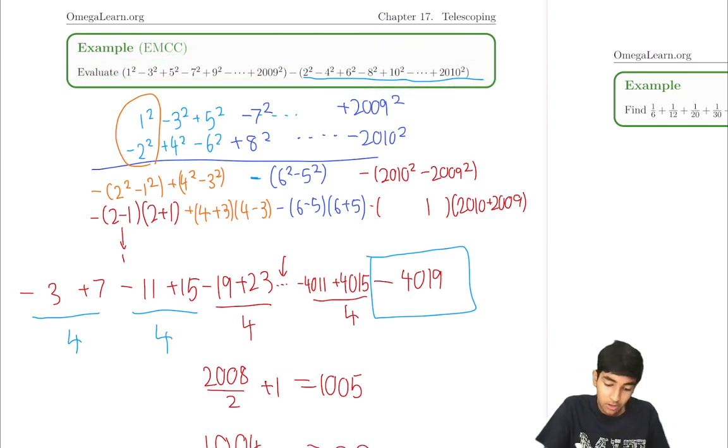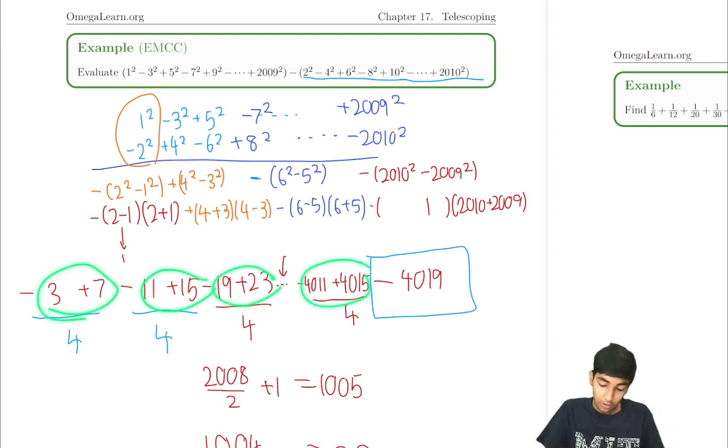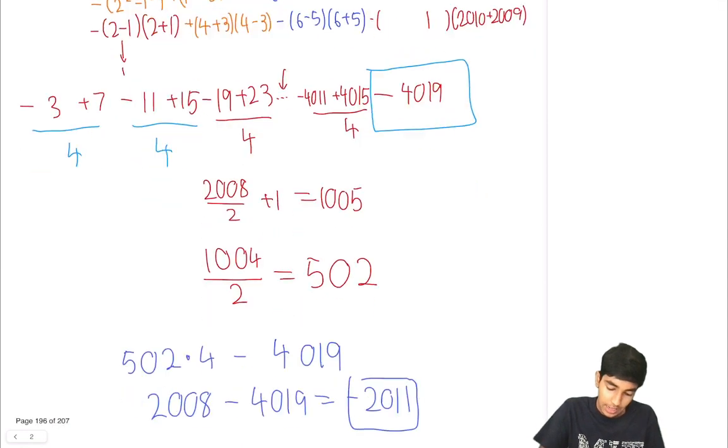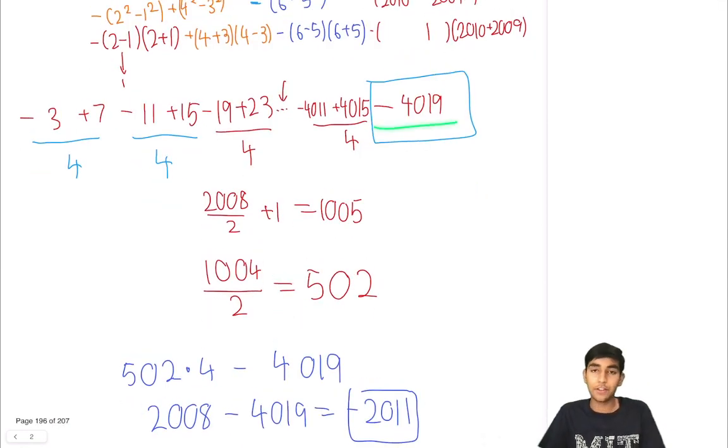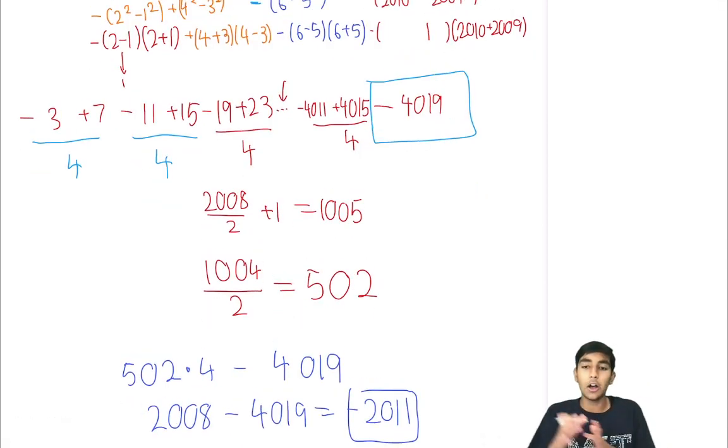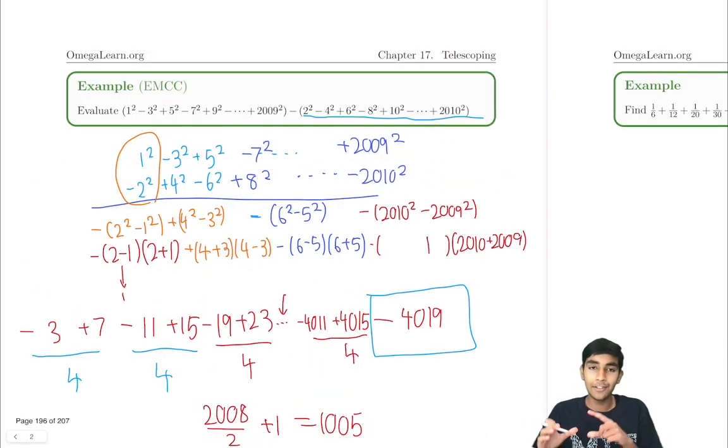And then after that, we used some term counting with arithmetic sequences and saw that 1004 of the 1005 total terms pair up, 502 pairs of 4, and then one straggling negative 4019 term on the outside. It all cancels. A classic application of telescoping. Key ideas: look for a pattern, look for terms to cancel.